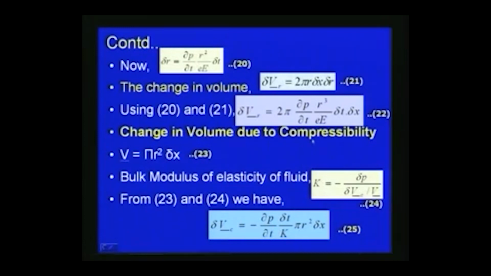So, the volume for the compressibility we can write V under bar is equal to pi r square into delta x as in equation number 23, and the bulk modulus of elasticity of the fluid is K is equal to minus del P by the rate of change of volume, that is delta V under bar C divided by delta V bar. So, finally, we can use equations 23 and 24, we will get delta V C bar is equal to minus del P by del t into delta t by K into pi r square delta x as in equation number 25.